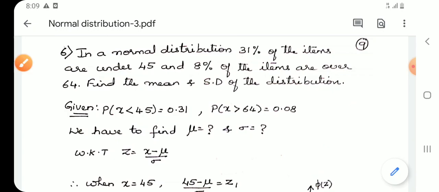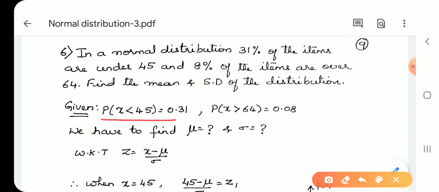So according to the given data, P of x less than 45 is 0.31 and 8% of the items are over 64. Over 64 means P of x greater than 64 is equal to 0.08.